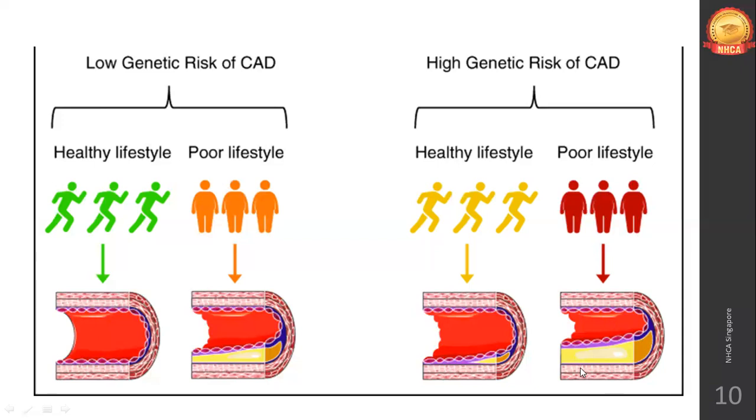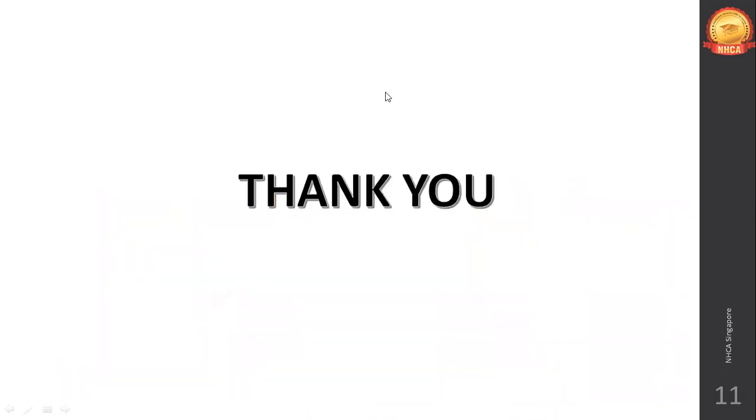The disease will start. So just because you have a low genetic risk doesn't mean you can indulge in a poor lifestyle. Even with low or high genetic risk, you have to maintain a healthy lifestyle to prevent any chronic diseases. That's all.